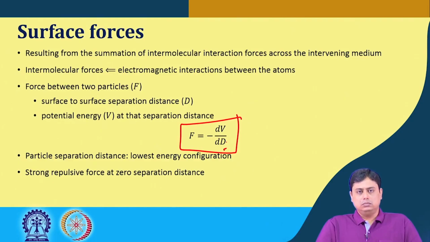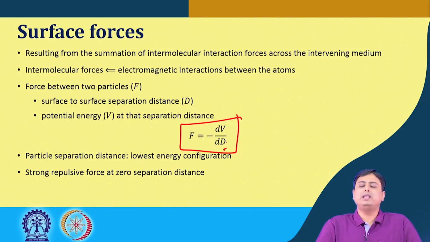Now, particles in suspension always try to attain the lowest energy configuration by thermodynamics. So, when there are no other external forces, the particle separation distance will try to achieve the lowest energy configuration state. That means there is an equilibrium distance between the two particles, and when we try to make them much closer, there is a strong repulsive force at zero separation distance.